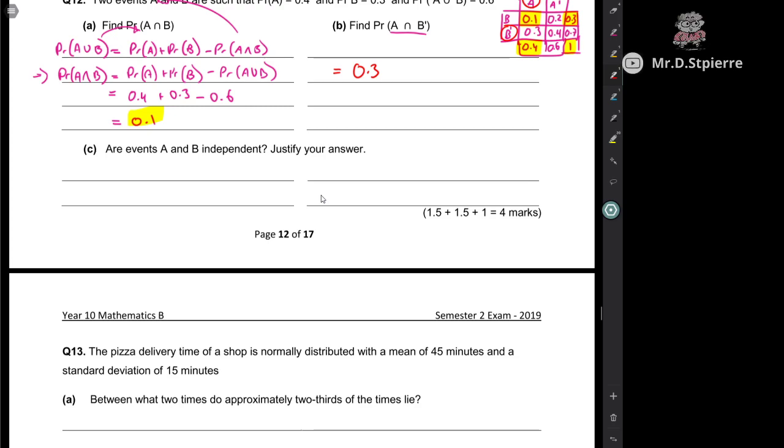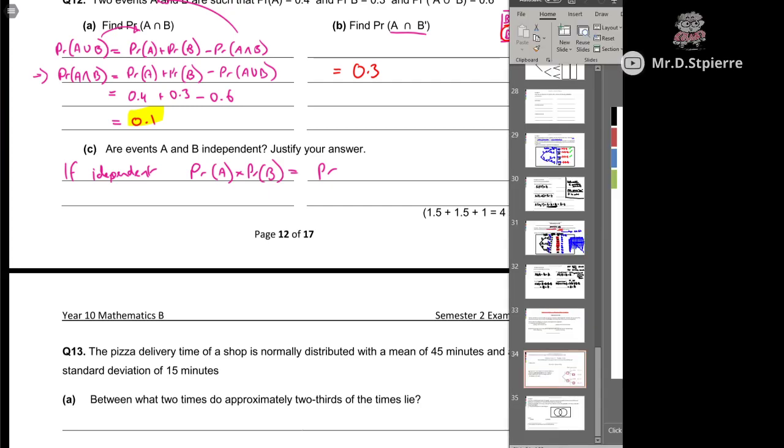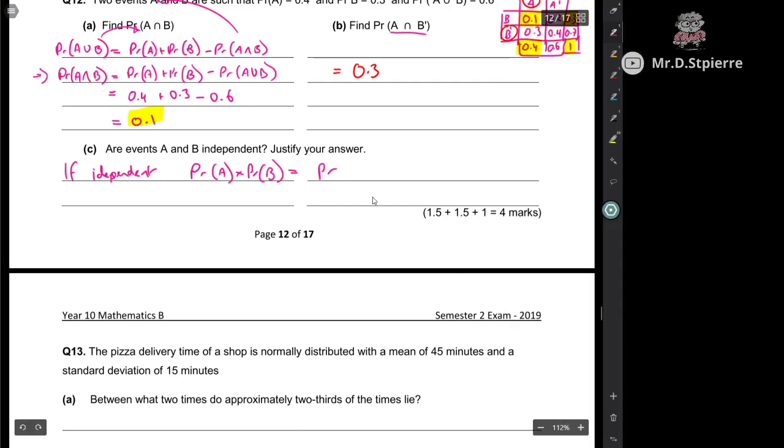Part C, are events A and B independent? Justify your answer. So to check if two events are independent, there's a rule that if they are independent, it follows that probability of A times probability of B is equal to the probability of A intersect B. If they're independent, this is true.